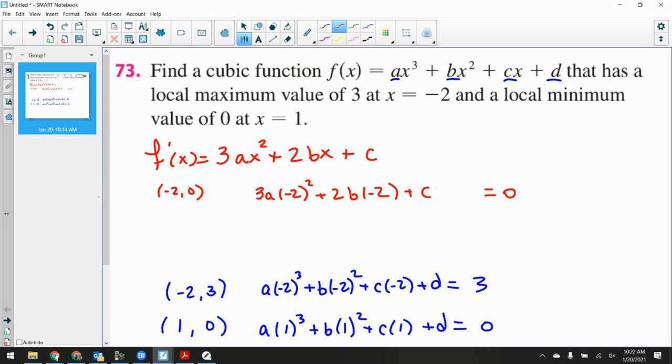And I also know a minimum value is occurring at 1. So I know that 1 is another critical point. So 3a times 1 squared plus 2b times 1 plus c is equal to 0.